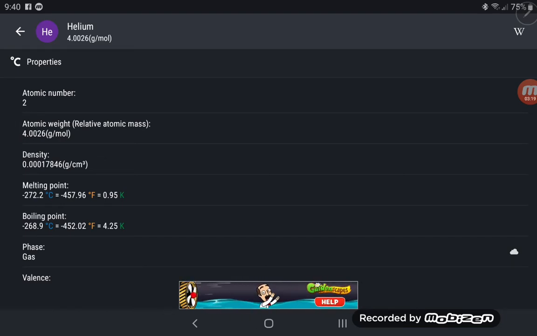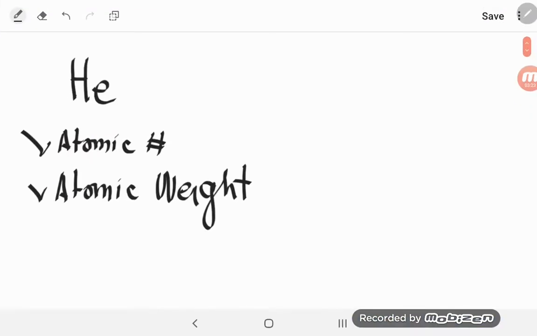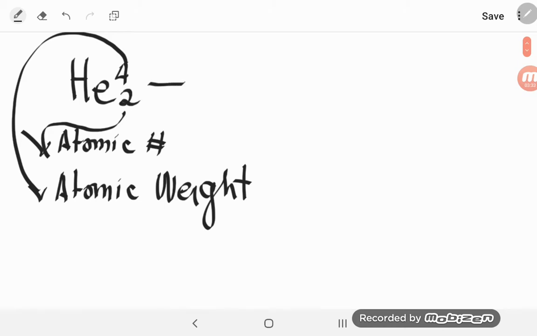So let's go back to our whiteboard. Helium has an atomic weight of 4 and atomic number of 2. So let me just rewrite it to make it clear. Helium has an atomic mass or mass number of 4 and atomic number of 2.